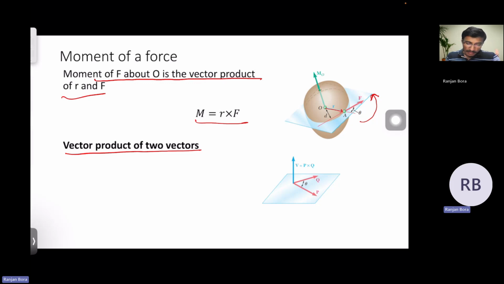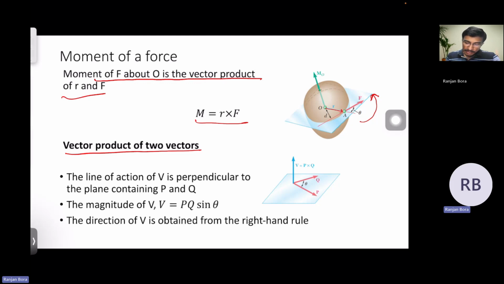The vector product of these two vectors, P cross Q, is given by V. First, the line of action of V is perpendicular to the plane containing P and Q, the magnitude of V is PQ sine theta, and the direction of V is obtained from the right hand rule.